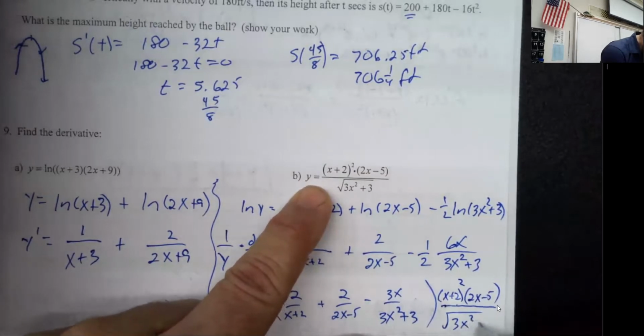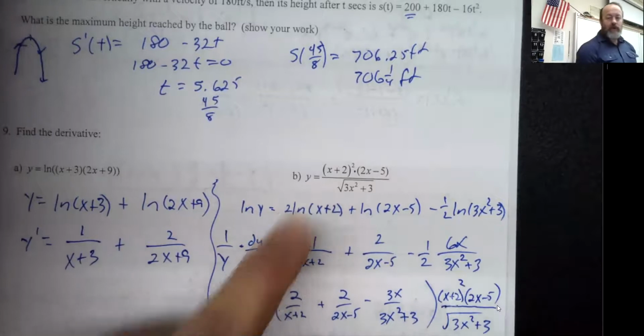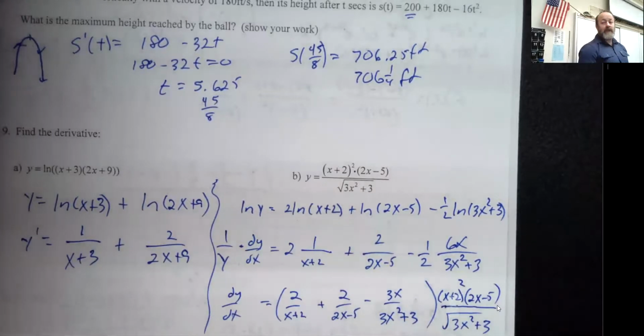And that is the strategy of what's called logarithmic differentiation, because the chances that I would pull off a quotient rule together with a product rule, together with a chain rule, all simultaneously is probably not very good. So we rip it apart into little teeny chunks and deal with them one at a time. And that ends problem number 9.